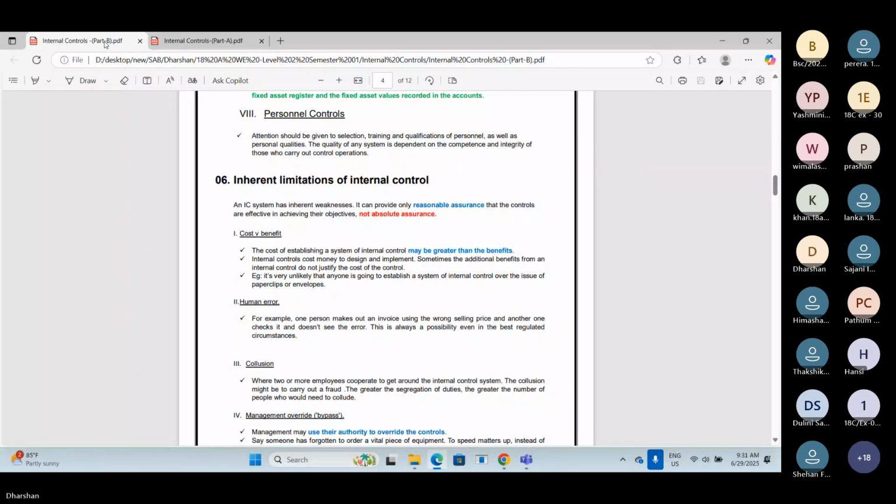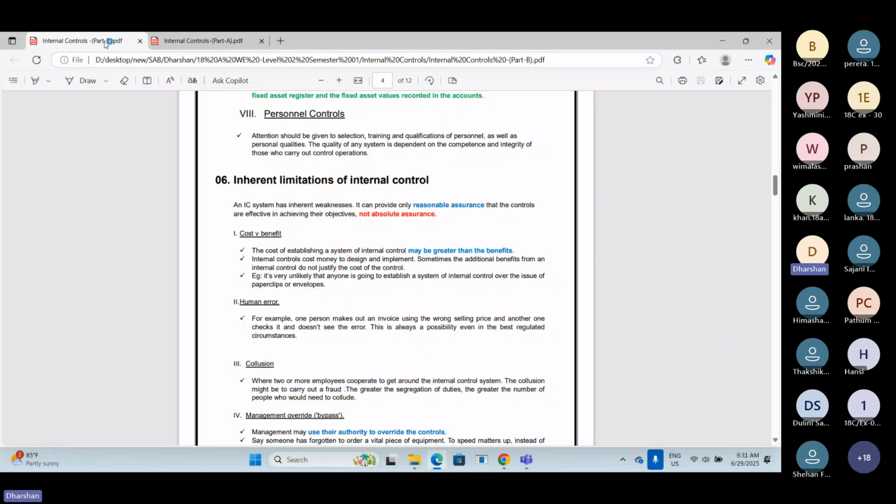So likewise, they won't implement the control for small processes. Some other reasons are there why we cannot give absolute assurance on internal controls.